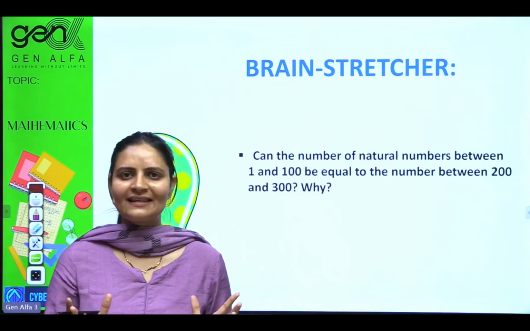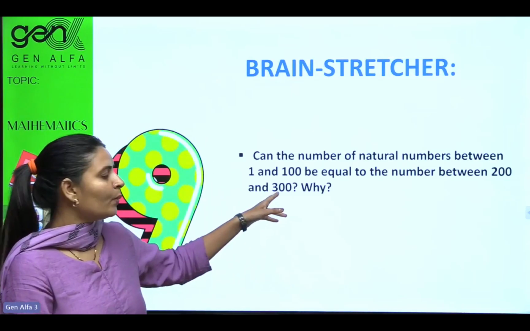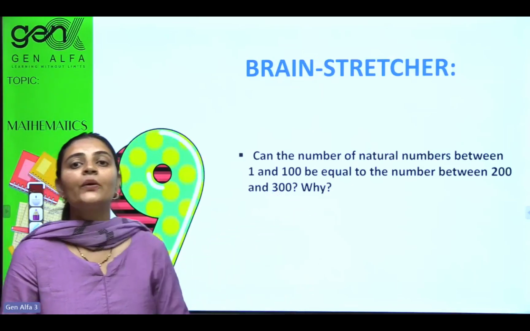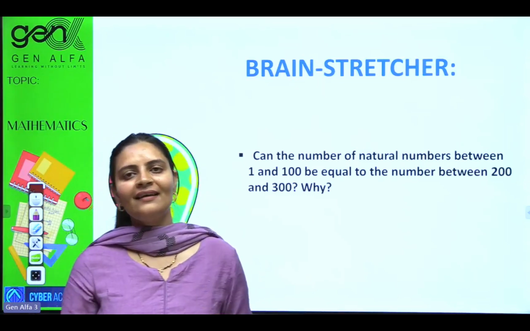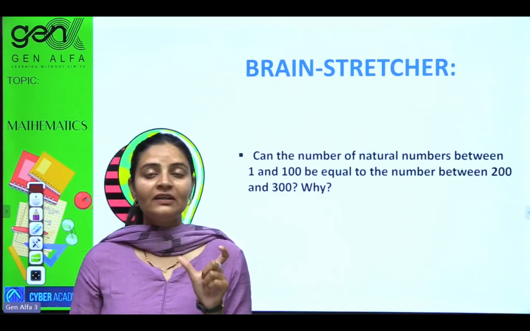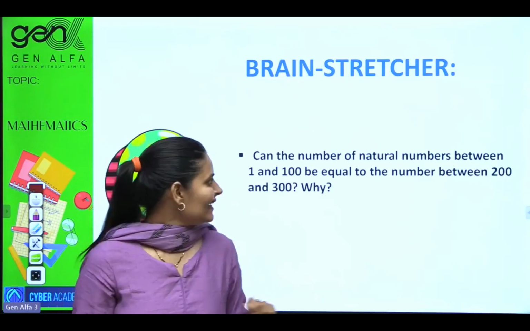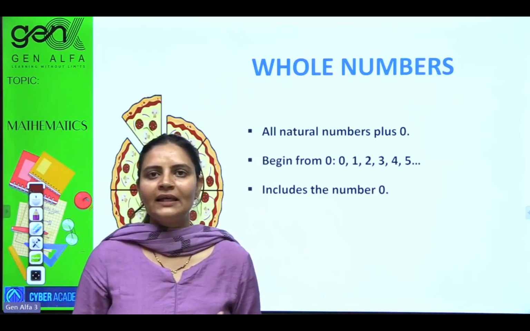Yes, basic. In a similar way, from 201 to 300, there are also 100 numbers if both ends are included. So what we have got is that both sets have equal count. Yes? So these are the numbers that we have to think critically upon.